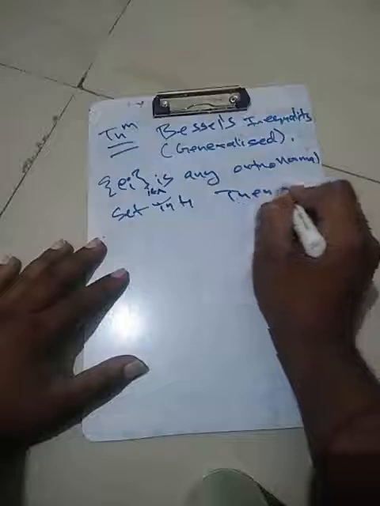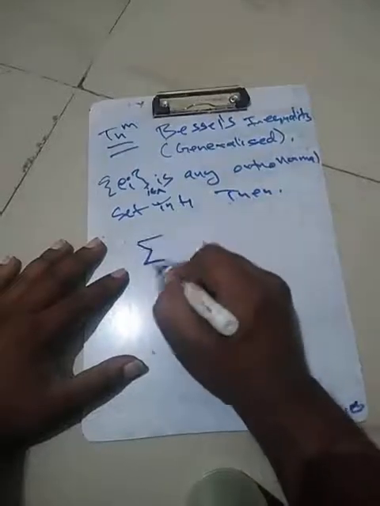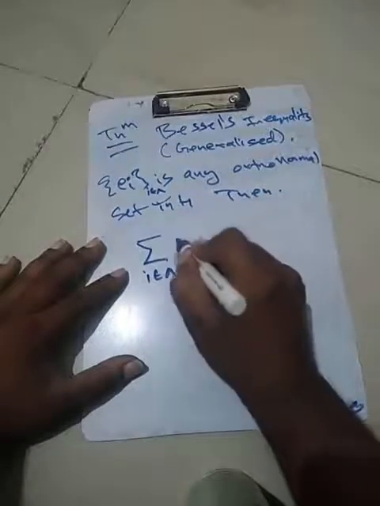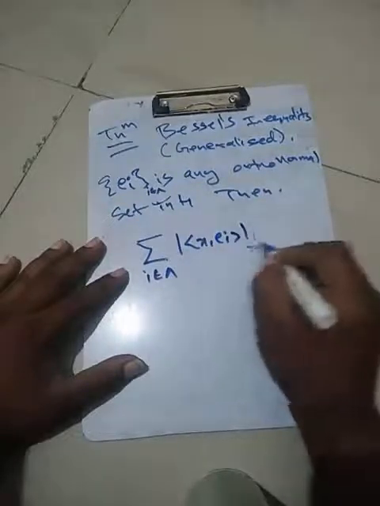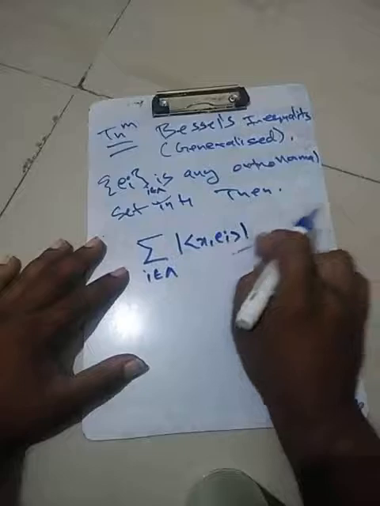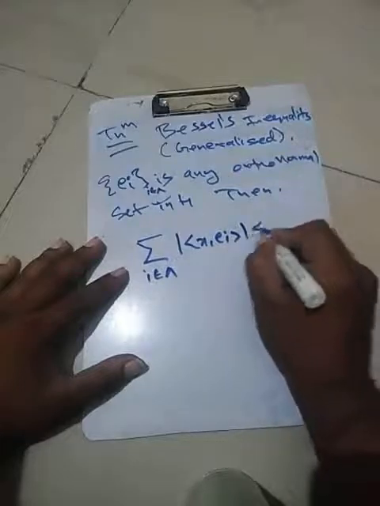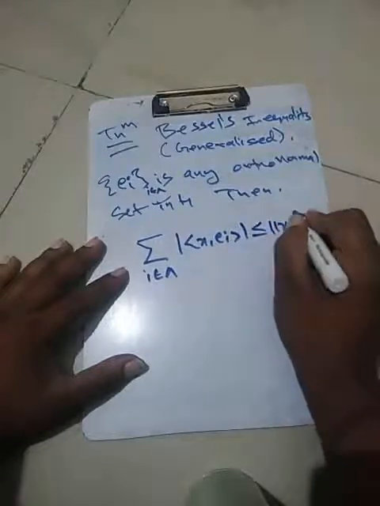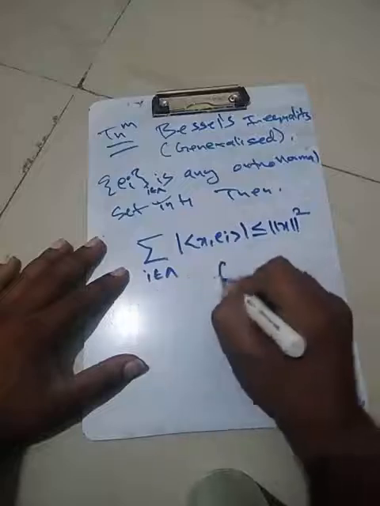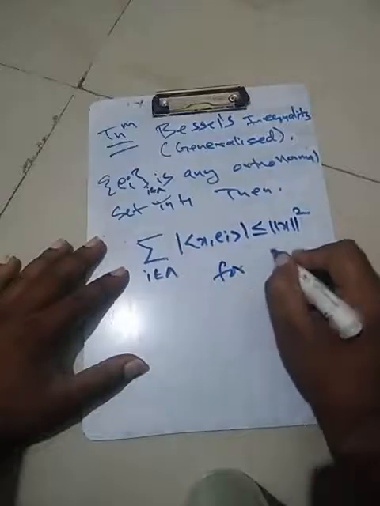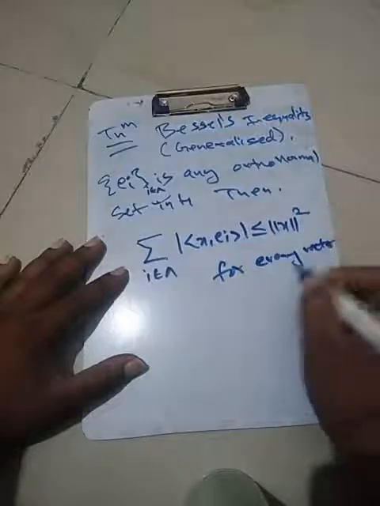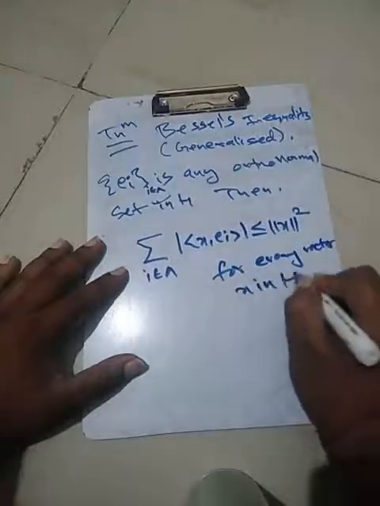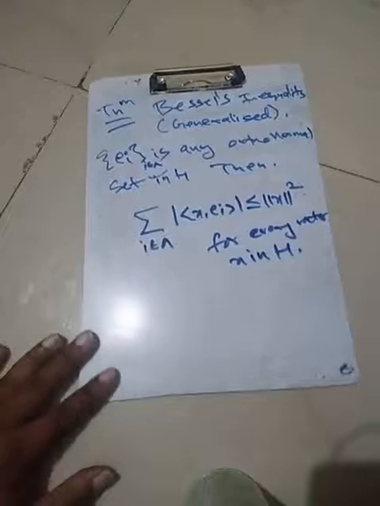Then the summation over i belonging to lambda of the absolute value of the inner product of x with e_i, squared, is bounded by the norm of x squared for every vector x in H. This is what we want to prove.